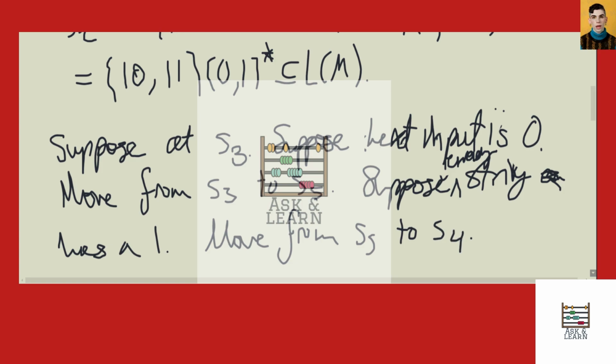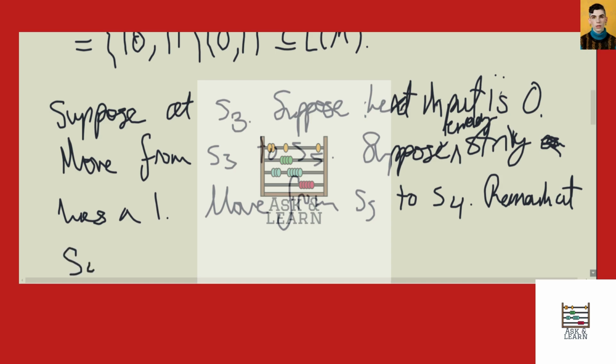And we see that regardless of the input, we're going to remain at S4. So strings like this belong to the set 0, 1 star, 0, and then the next input is another 0.